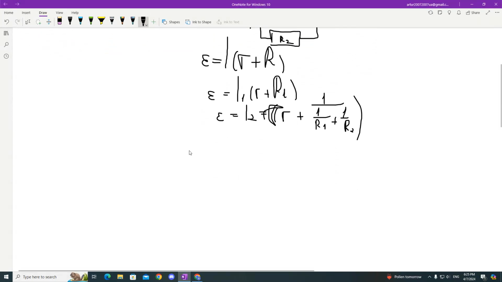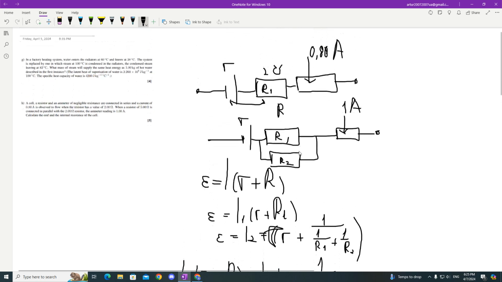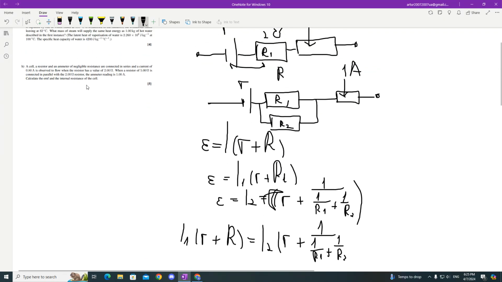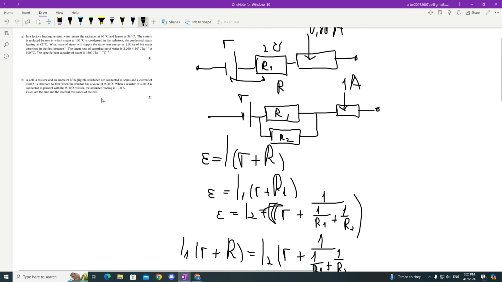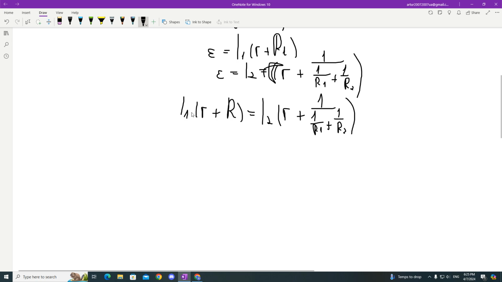So what now? Now we can make them equal, and we see that both have R, because any other values we know. So I1 (R plus R1) is equal to I2 (R plus 1 over (1 over R1 plus 1 over R2)). There are quite comfortable values, 2 and 5, so it's easier to divide them in this form than to multiply, because otherwise it can be harder to do. Now we put r in the left part of the expression, and the terms without r in the other part.